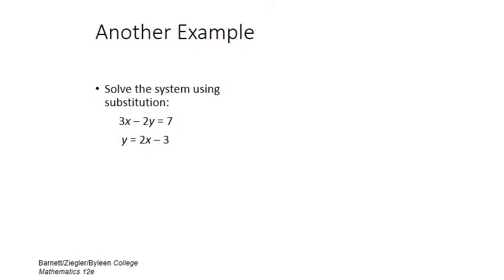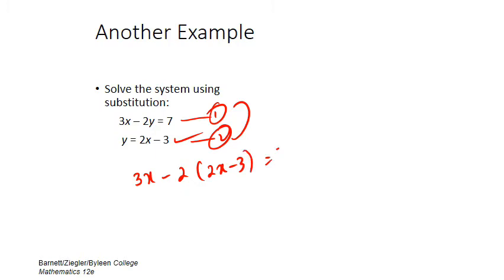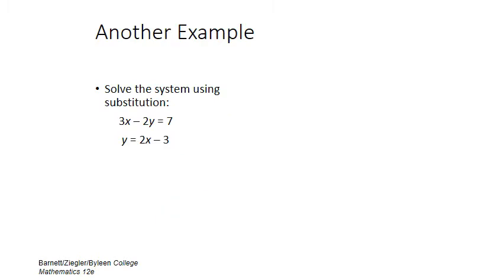So here you can see another example. This equation is already in slope intercept form. You can simply substitute equation 2 into 1. So 3x minus 2 times (2x minus 3) equals 7. When we solve it for x, it will be like this.